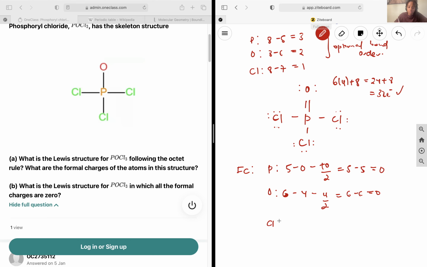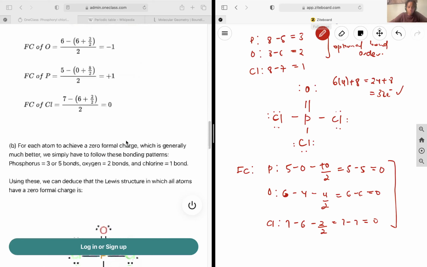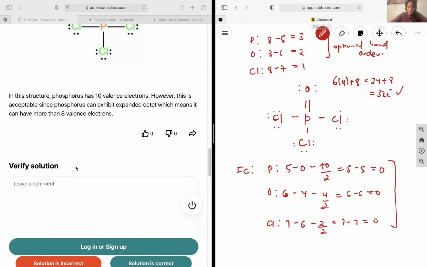And on the chlorine, we are going to have 7 minus 6 minus 2 over 2, which is just 7 minus 7, which is 0. So all of this makes sense. We have formal charges of 0, and this is the structure that would allow for it. So in this state, the phosphorus is exhibiting an expanded octet, which means more than 8 electrons.